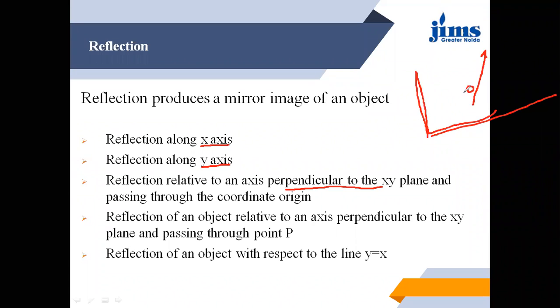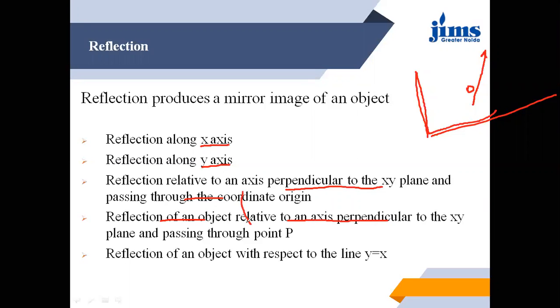Suppose there is an object at 2 feet height, and I want to rotate upward with respect to a line or a point that is 4 meters upward, passing through a coordinate. This is the reflection of an object about an axis perpendicular to the xy plane.